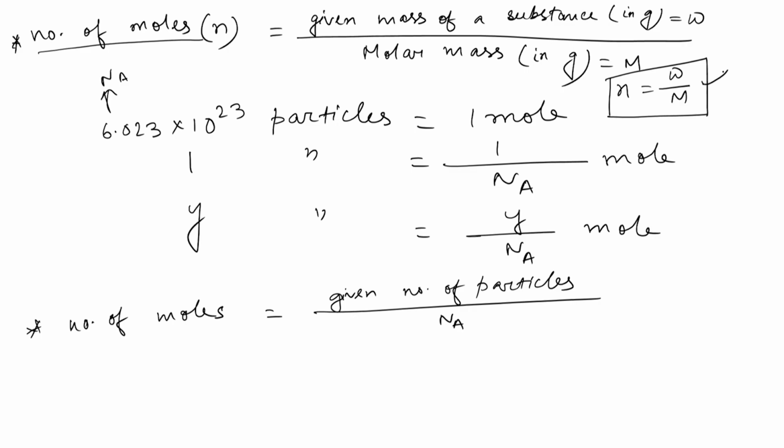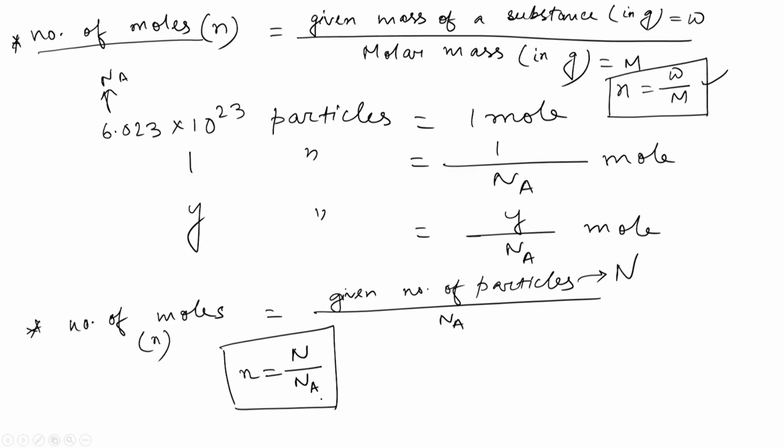This is one formula. The second formula is number of moles is n. Let's say the given number of particles is capital N and Na is the Avogadro number. So, small n is equal to capital N divided by Avogadro's number. This is the second formula.